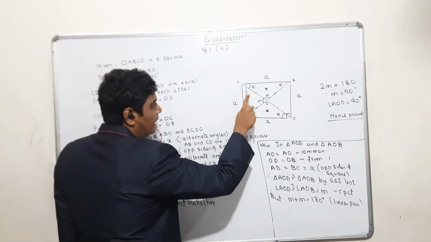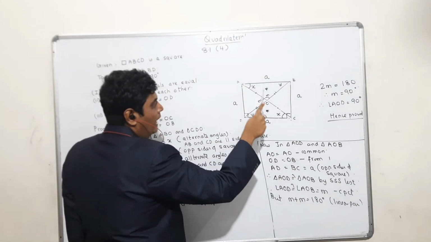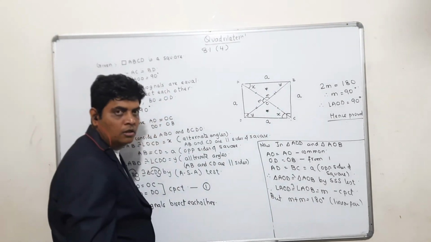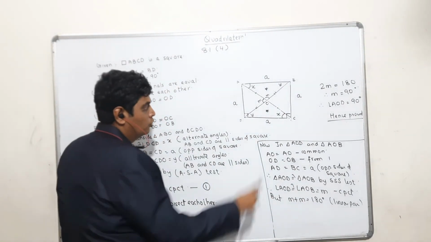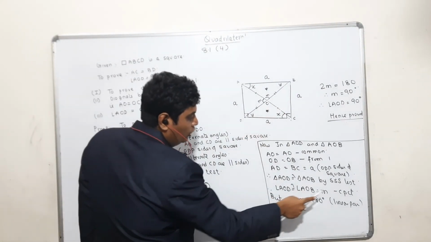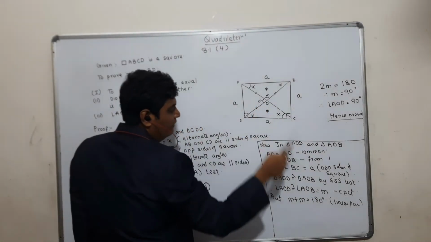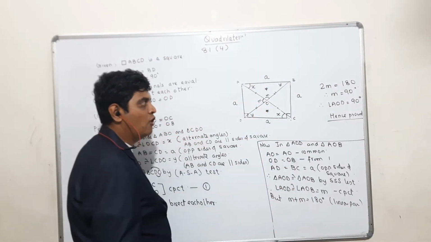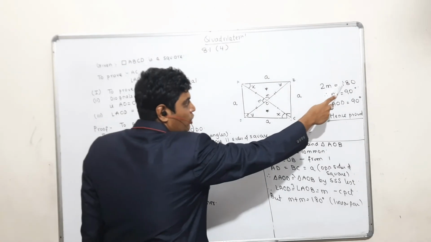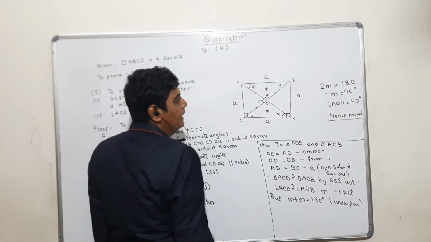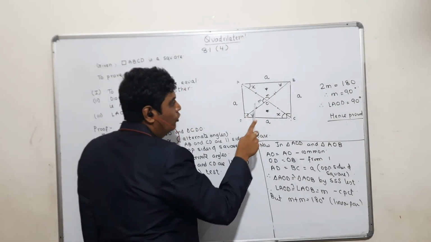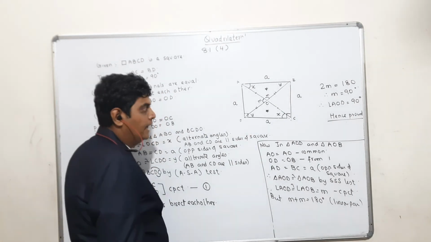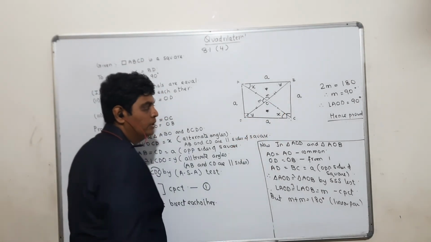Correct? Therefore, angle AOD is congruent to angle AOB, CPCT. So this angle is equal to this angle is equal to M. But can I say M plus M is equal to 180 degrees? They form a linear pair. So 2M is equal to 180, M equals 90 degrees. Therefore, angle AOD is equal to 90 degrees. Hence, diagonals are perpendicular to each other.